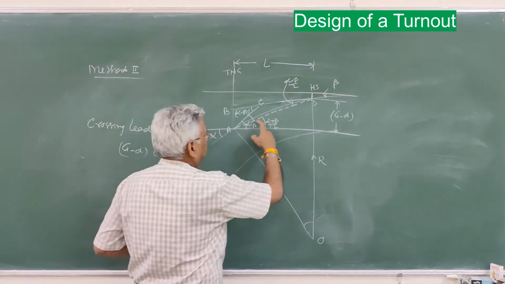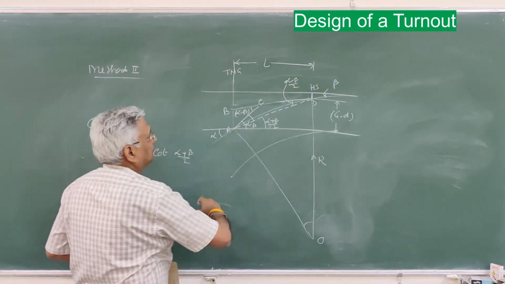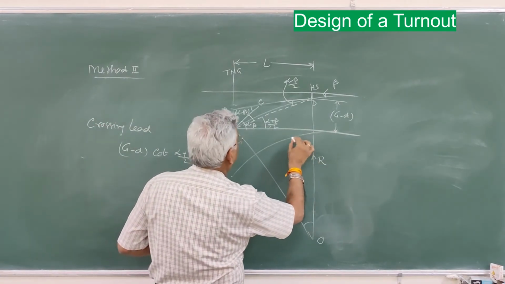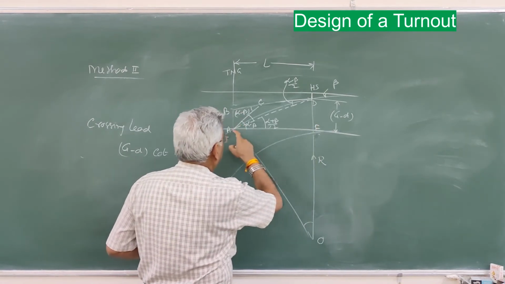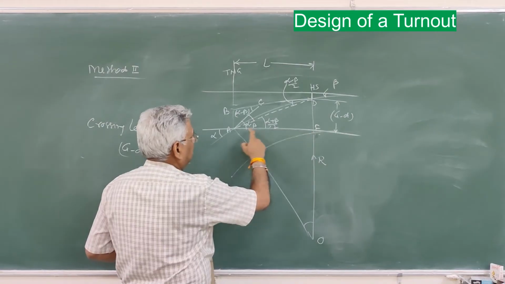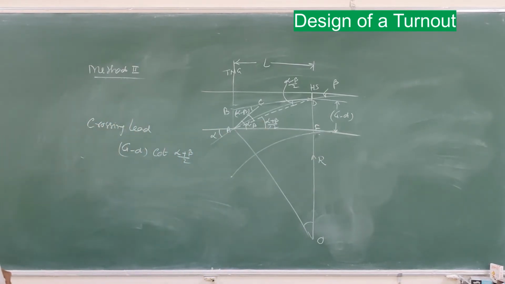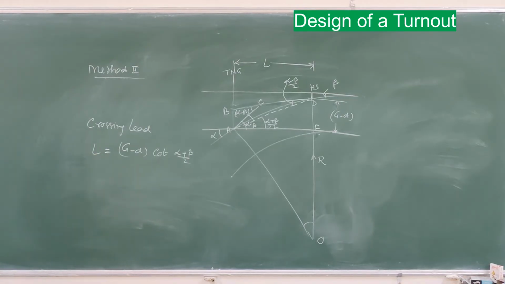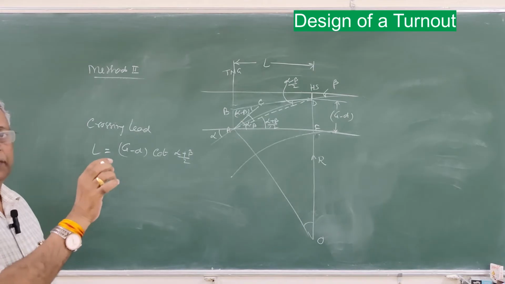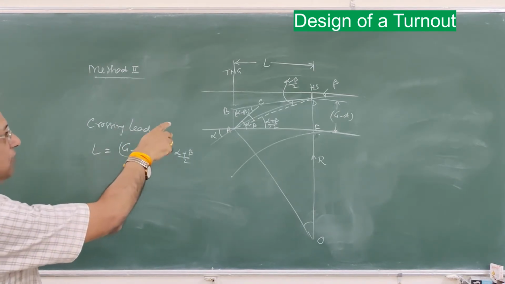In this triangle, this is the crossing lead. You can write here E, A, D, let us say this point F. So AF is the crossing lead, and this is G minus D into cot alpha plus beta by 2. That is your L, crossing lead. Switch lead is not a parameter now because tongue rail is curved, and the curve now starts from the heel of the switch.